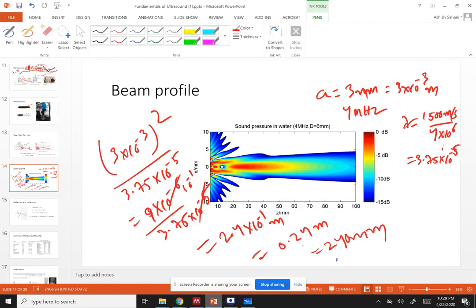Is it correct here? Okay, so here I have made some mistake, it seems.